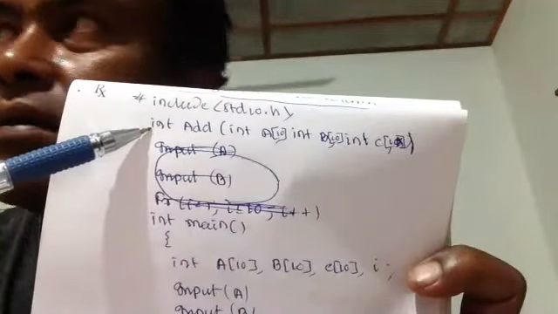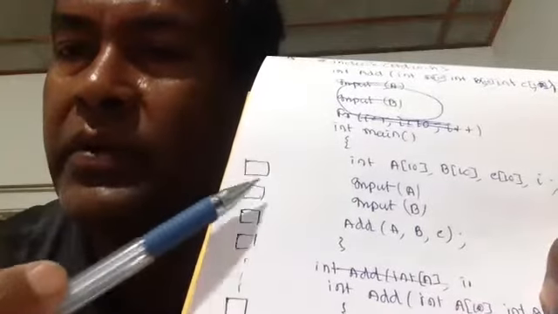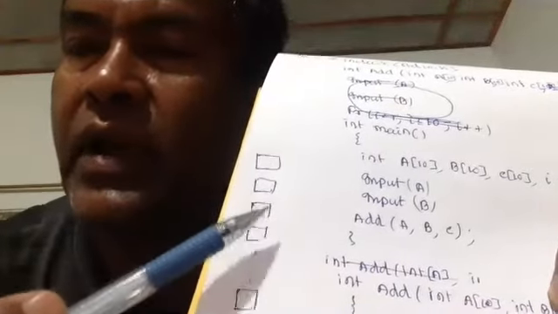Suppose you have n number of subprograms, and all the programs require A and B values as input. So I have to input AB here, AB here, AB here. If there are n subprograms, you have to input AB n times. Isn't it? Yes, sir.